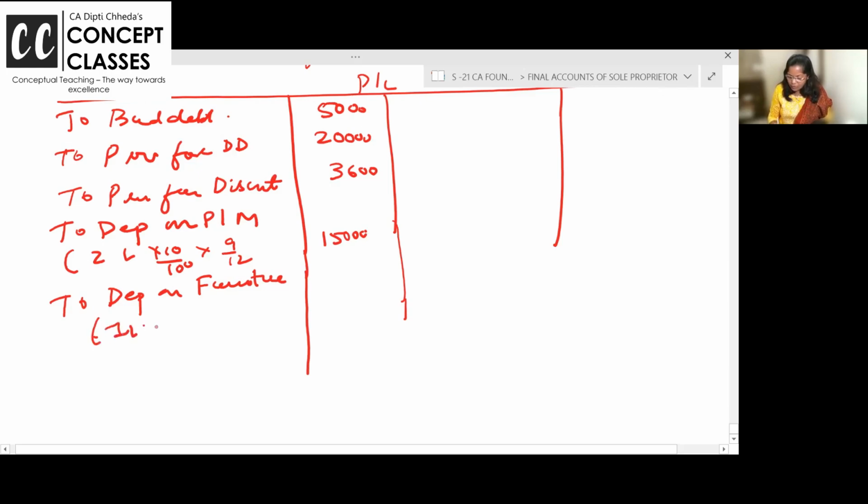And furniture is 1 lakh ka 10% into 9 by 12.